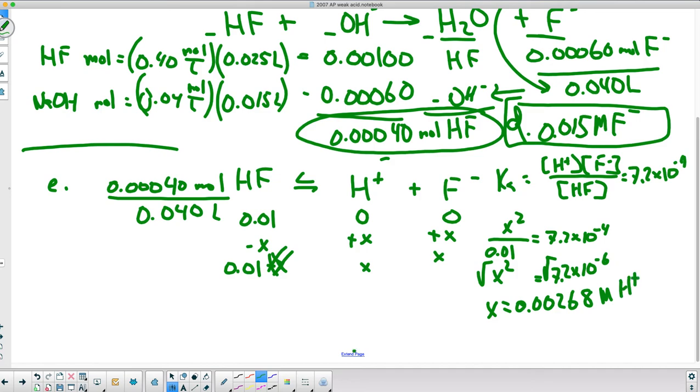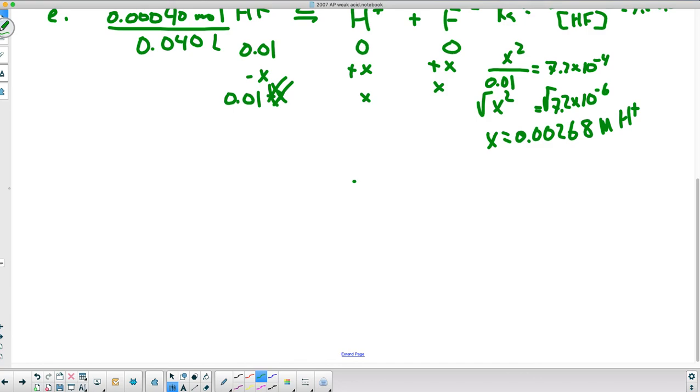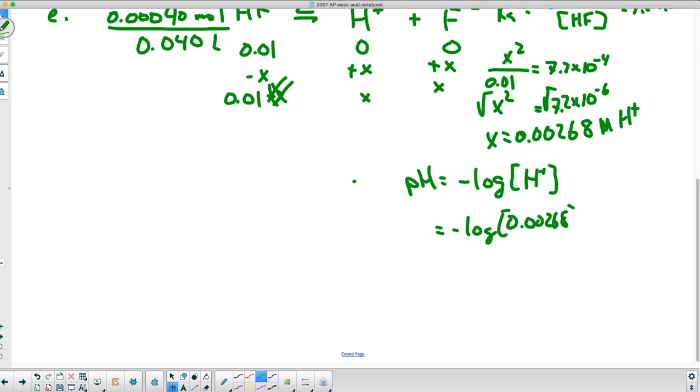Hang on, we're almost there. pH, this is asking for the pH, equals the negative log of the H plus concentration, which means negative log of 0.00268, like that. So I take this here and make it negative and do the log. That was not it.